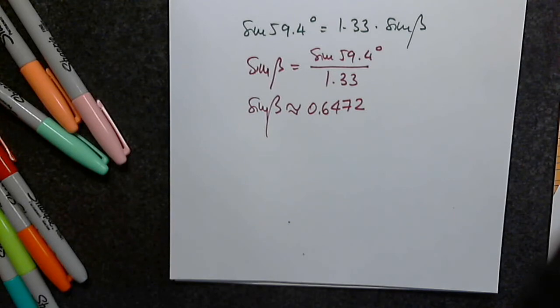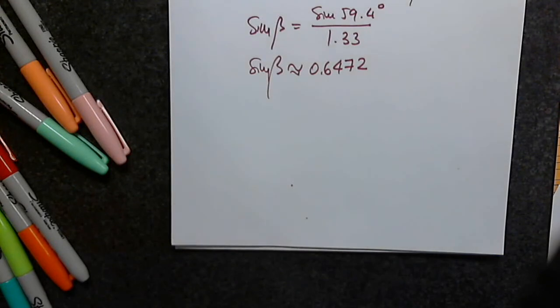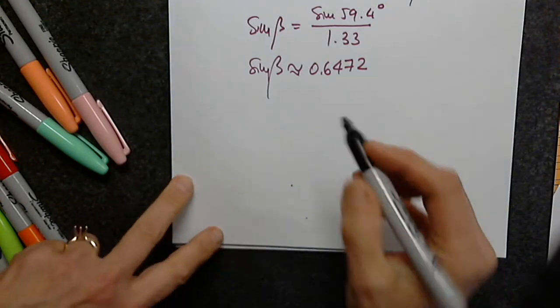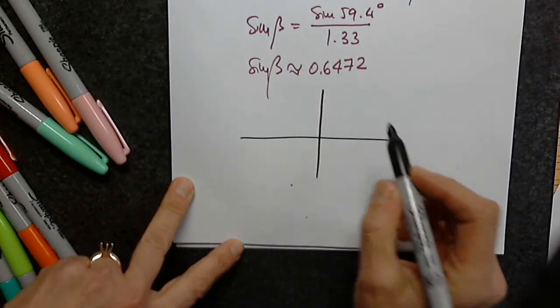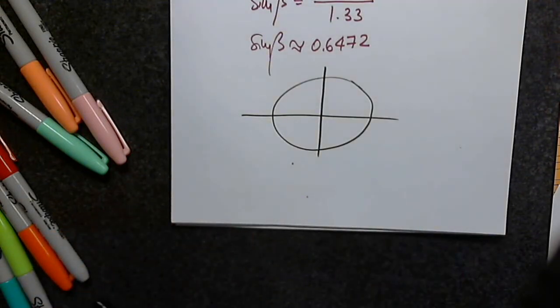Ready? Okay. In which quadrants is sine positive? How big can sine be?